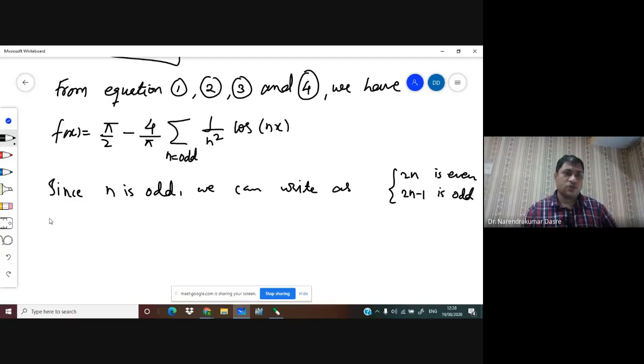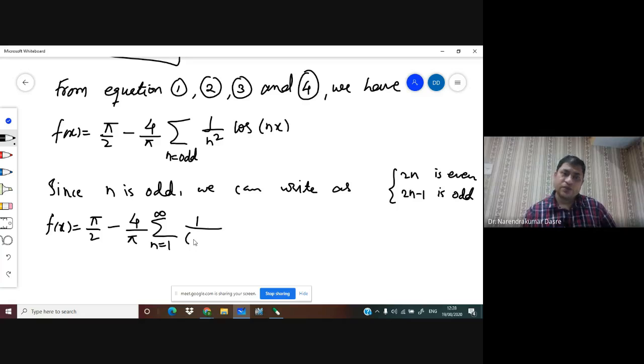So we write this as f of x is equal to pi by 2 minus 4 upon pi summation, now I am writing n running from 1 to infinity, but inside the summation I am writing 2n minus 1 bracket square into cos of (2n minus 1) x. And if you put the value of n from 1 to infinity here now, it will give you the same expression.